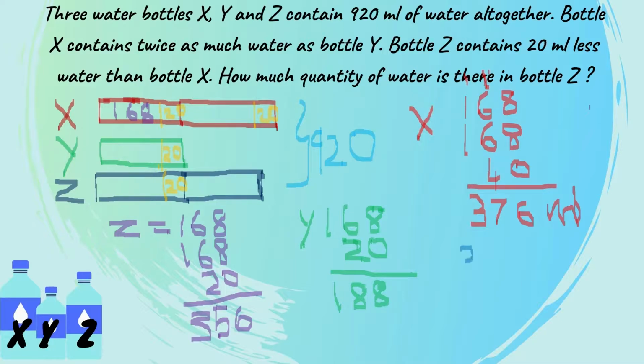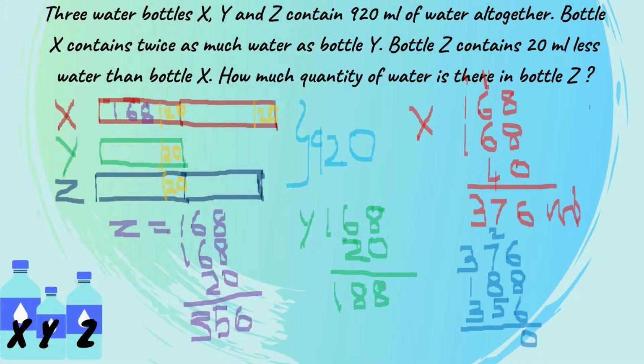So X is 376, and Y is 188, and Z is 356. So 6 and 6, 12, 12 and 8 is 20, and the balance is 2.